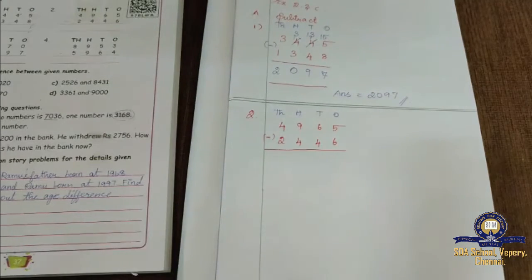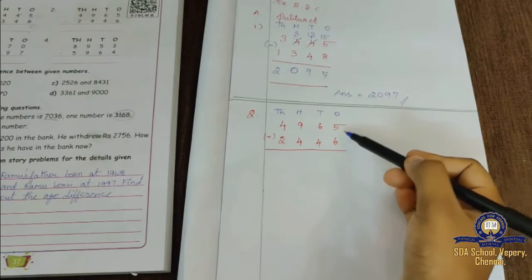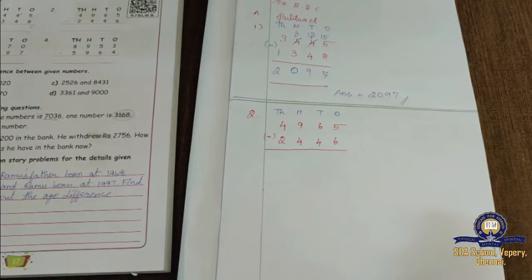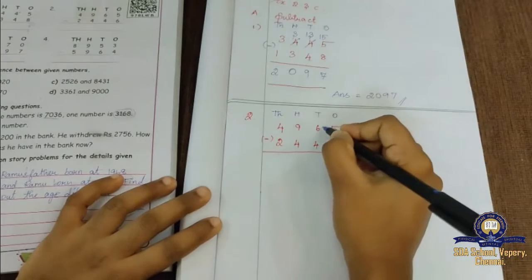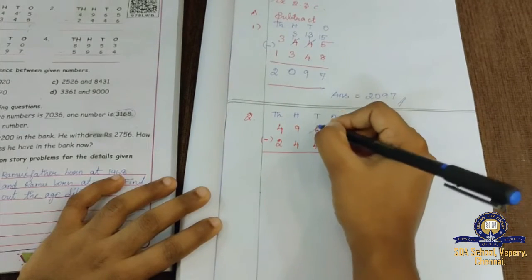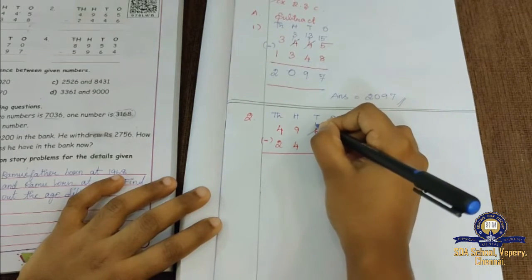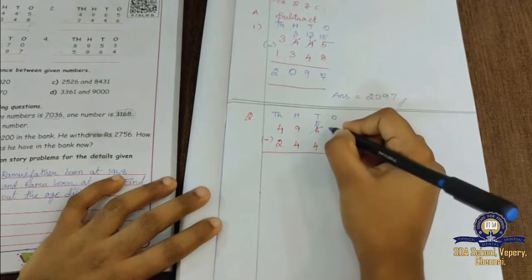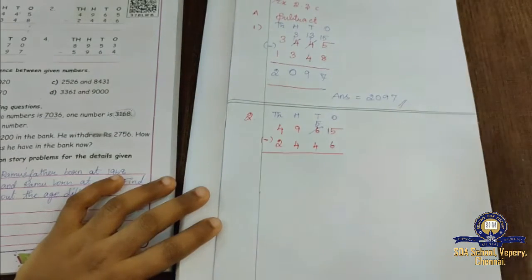Shall we subtract this now? Yes. So 5 minus 6. Can we subtract 5 minus 6? No, we cannot subtract. What do we have to do? We have to borrow from the tens place. If we cut 6, before 6 what do we have? 5, and we add 1 in the ones place.